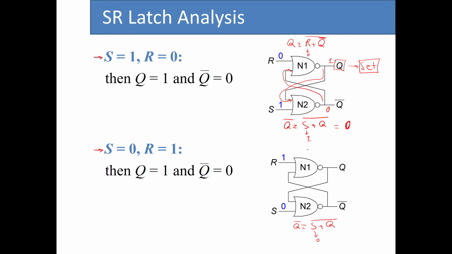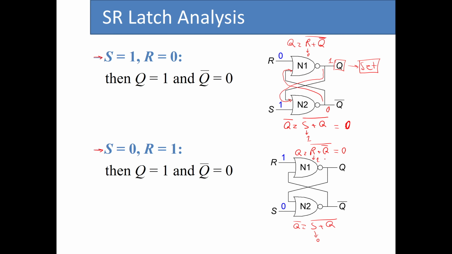But for N1, Q equals R NOR Q bar. So when R is 1, no matter what the value for Q bar is, the output for Q is going to be always 0.